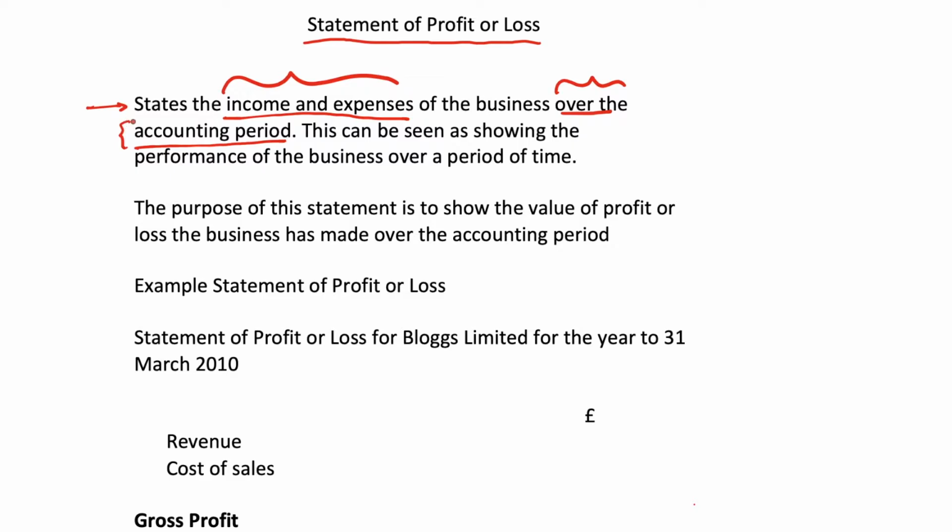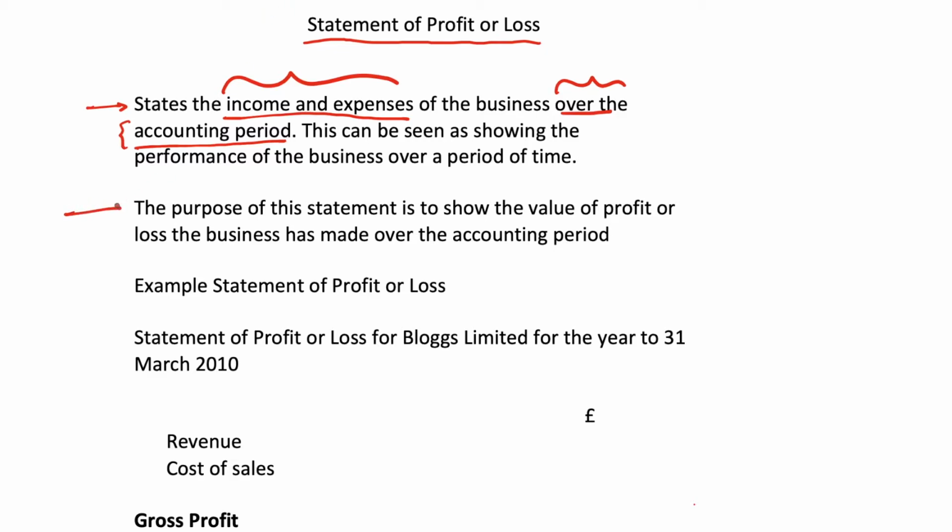This is usually a year or 12 months, and so we have all the different forms of income of a business and all the different types of expenses of the business in that period. So if it made a transaction in, say, April, and a different transaction in May, and another one in December or whatever, all of these are going to be recorded in the statement of profit or loss, assuming they all fall in the same accounting period.